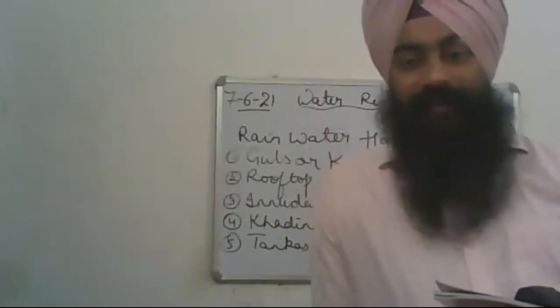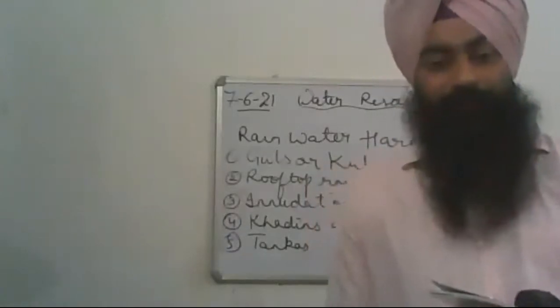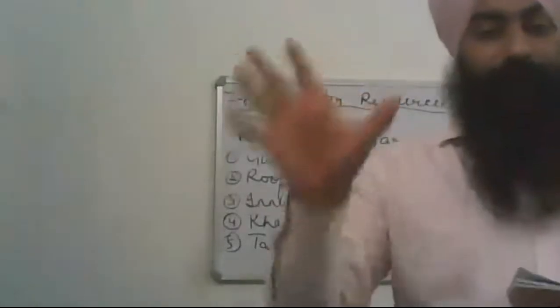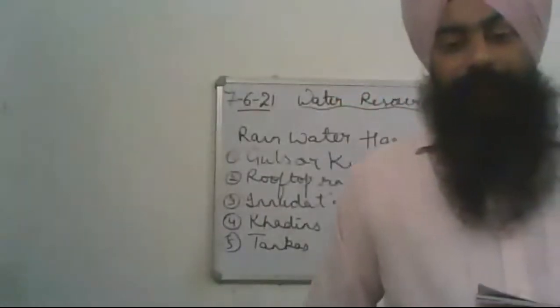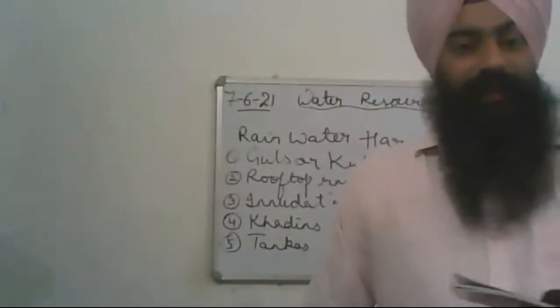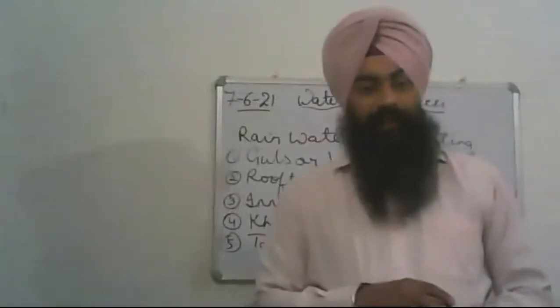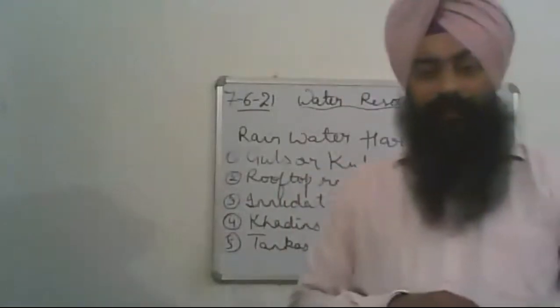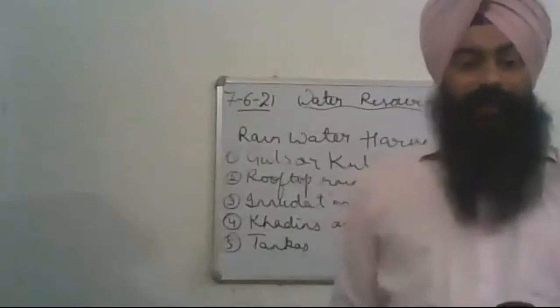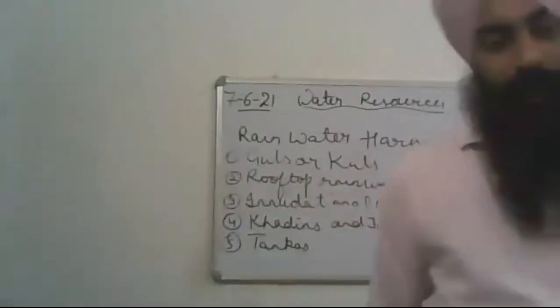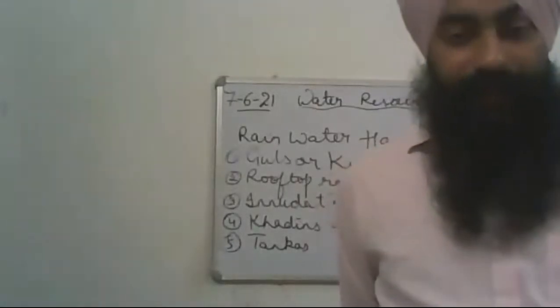Such divergent channels can be utilized for collection of rainwater. Clear? So fifth one, it supplements the domestic and irrigation needs. Is that clear? So these are some of the advantages of rainwater harvesting techniques.